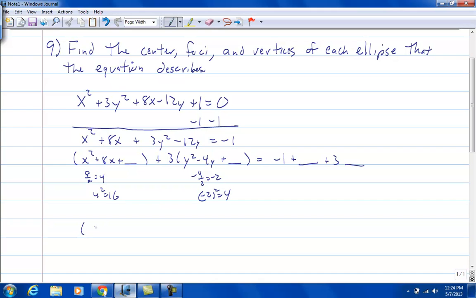That'll give us x squared plus 8x plus 16, plus 3 times the quantity y squared minus 4y plus 4, equals negative 1. Check it out: it's negative 1 plus the first blank, the 16, and the second blank is going to be 3 times 4, because we brought the 3 in there.